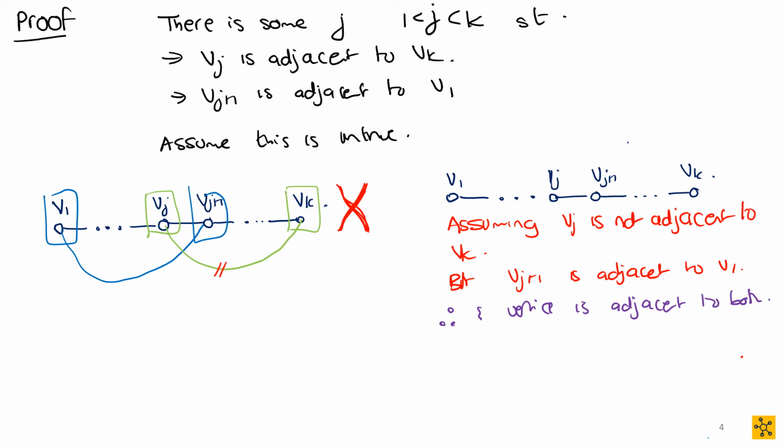Okay, so let's look back onto our path. So we have Vk by itself here for a second. And then we say that there are degree Vk of them that are not adjacent to V1, because we're saying that Vj is not adjacent to Vk.